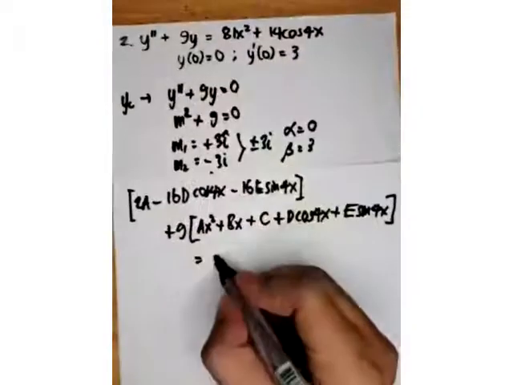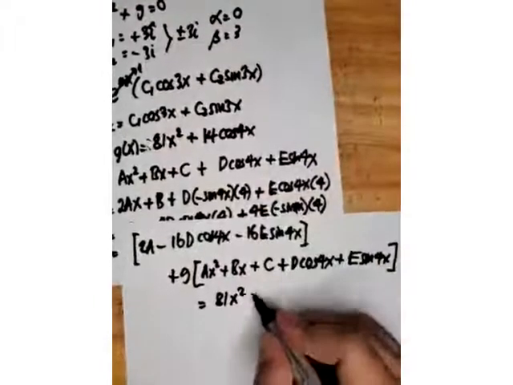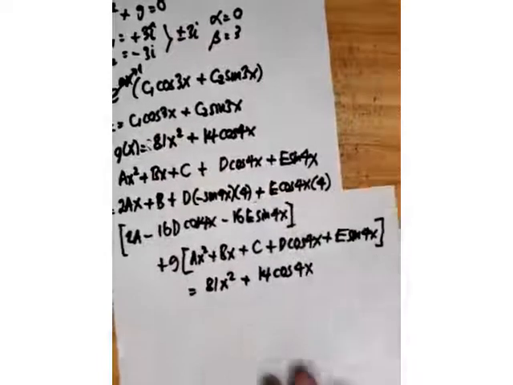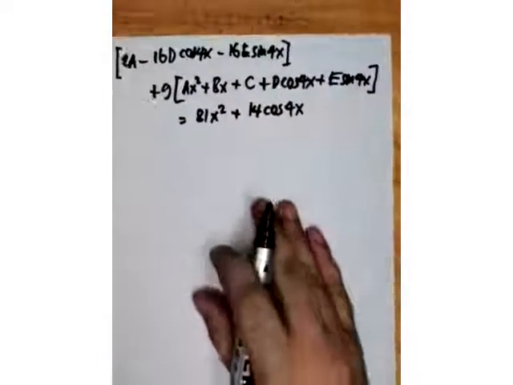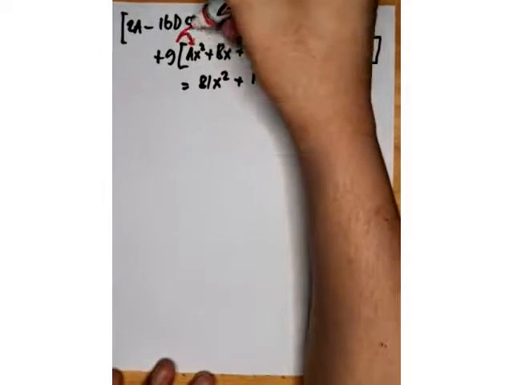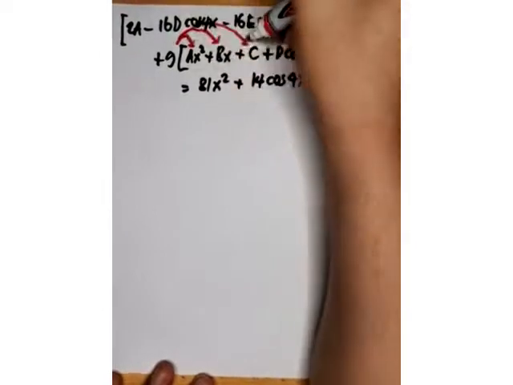Okay, so that's equal to 81 x squared plus 14 cosine 4x. Ayan. Okay. So, do not forget to multiply yung 9 dito. Pero hindi ko na siya i-simplify muna.